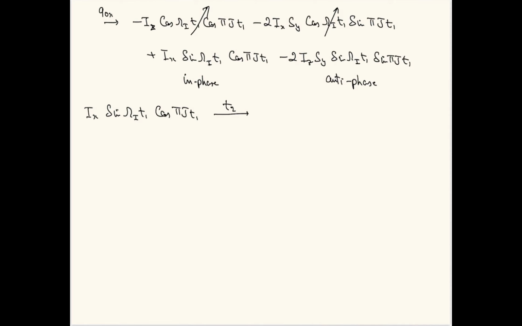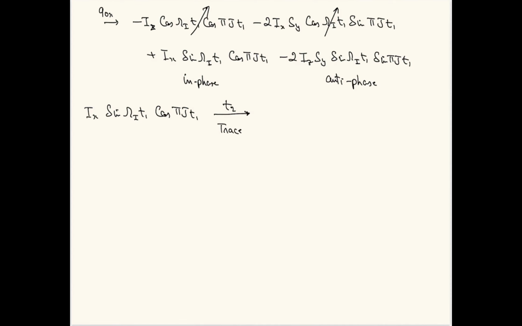You evolve with t2 and take a trace. Remember that in-phase magnetization will give you a cosine term in terms of coupling.